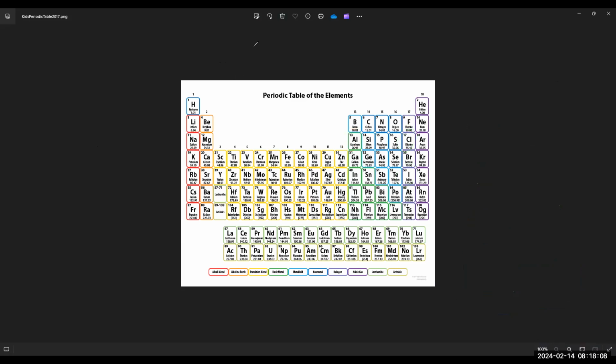Now I'm writing the name of the topic: nature of oxides. You're going to identify your oxide as metallic or non-metallic. That is easy, right? I'll give you an oxide and you'll say it's a metallic oxide or a non-metallic oxide. Very easy thing.